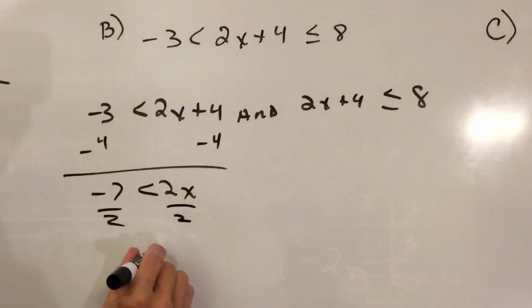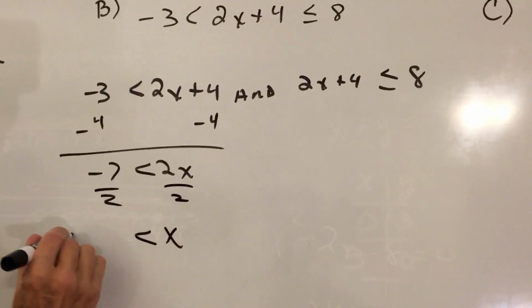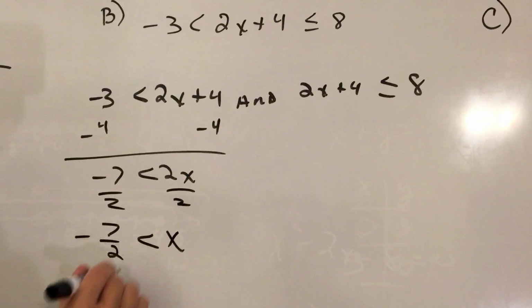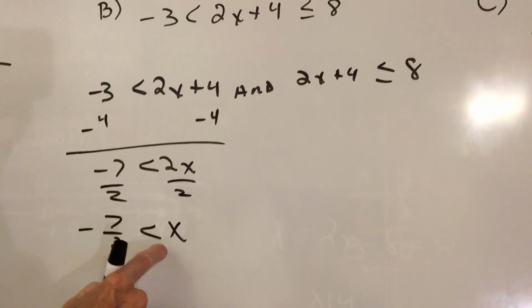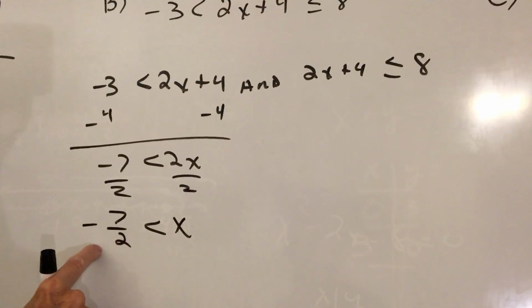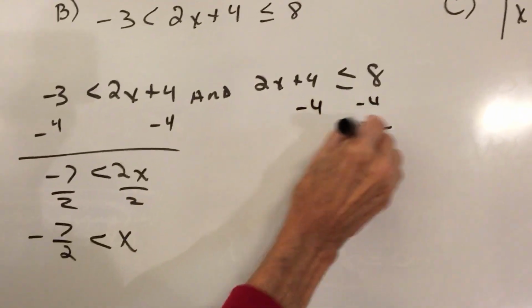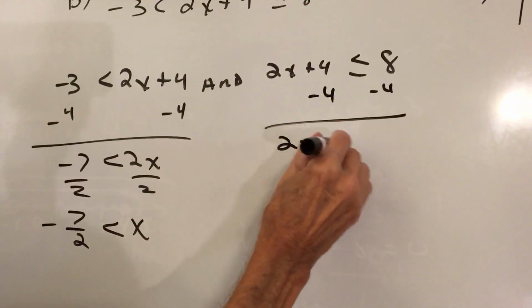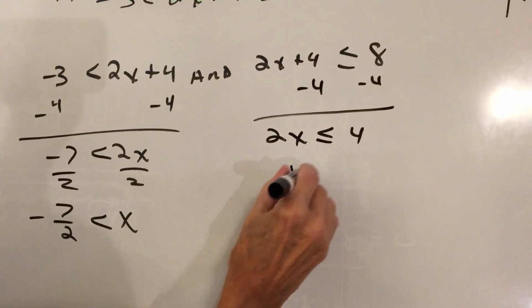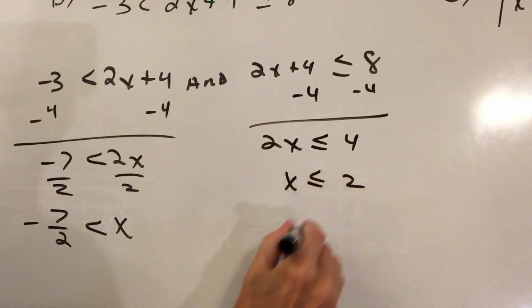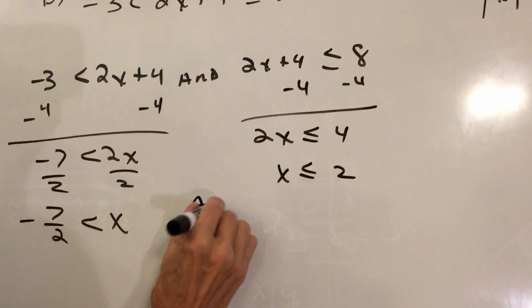We divide by 2, and we read that as x is greater than -7/2. Over here, subtract 4, divide by 2, and we have that.